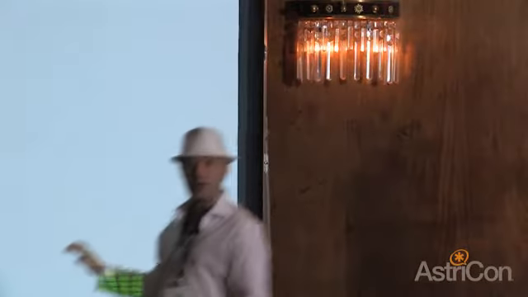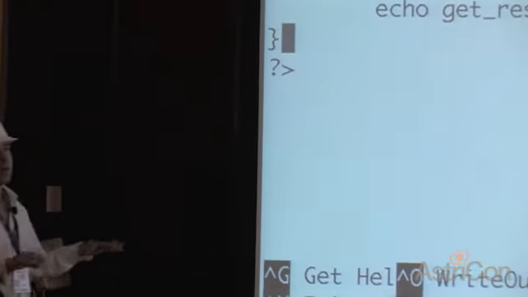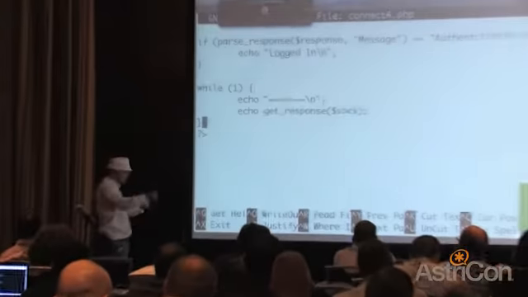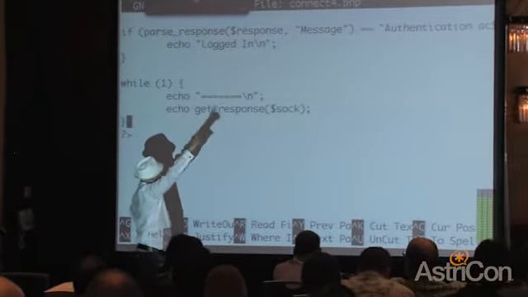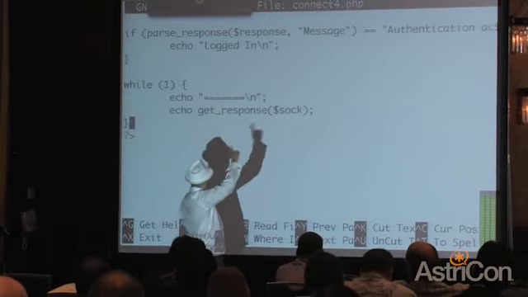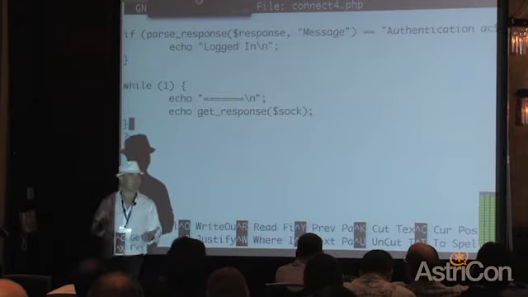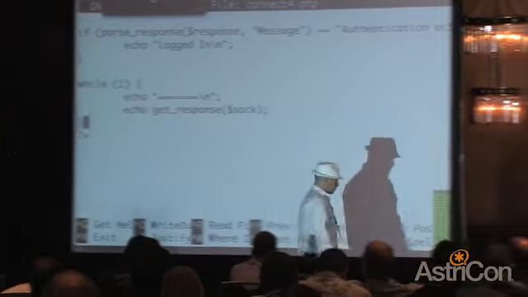Okay, now there's no error checking in this, and if Asterisk died or something, it's not going to work. So we've got a while one statement. So what that's going to do, if you run this from the command line, it's just going to continue looping over and print out a line of these, and then it's going to run this get response thing. So it's just going to print out the events as they come through. So let's have a look at what that does.